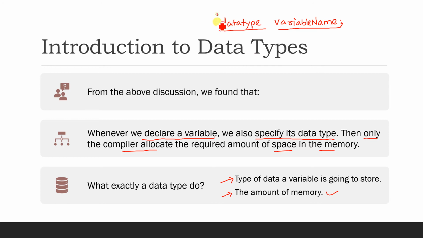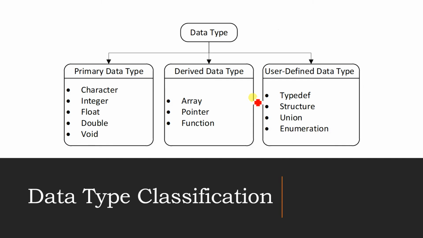Now there are several data types supported by the C programming language. They are categorized into three groups: the primary data types, the derived data types, and the user defined data types.